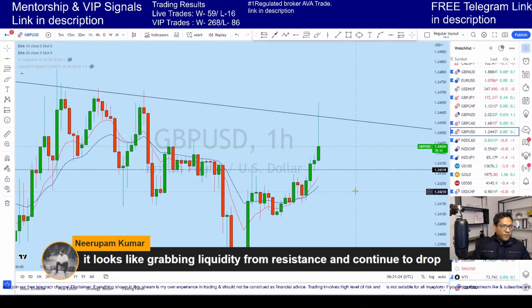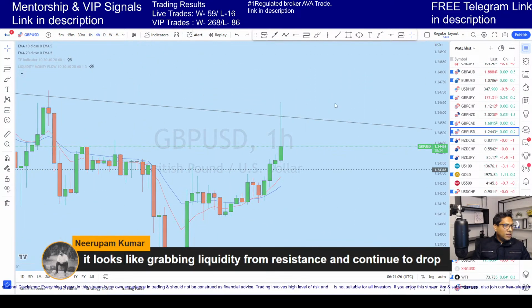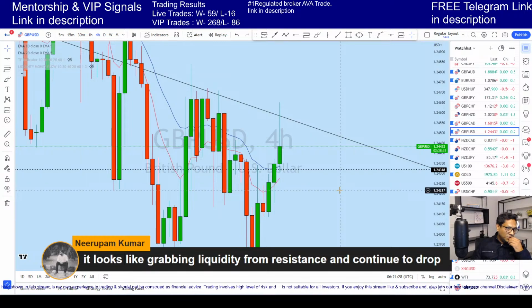So there is a 4-hour, this is the 1-hour candle, and also 4-hour candle, which is a bullish price action.